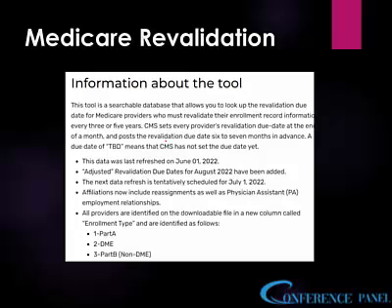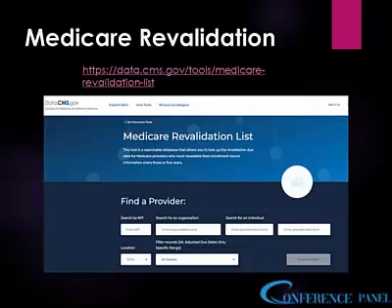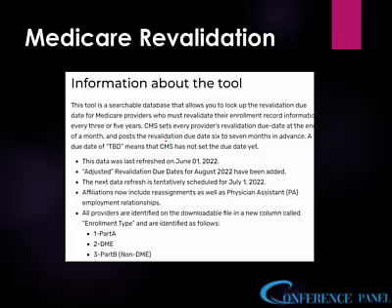So basically, you'll go to this website. All of this will be shared with you, data.cms.gov, and they have a data file as well as this kind of interactive tool that you can go through and search your providers. So the tool will tell you when your provider has a revalidation due date, if that's been disclosed.